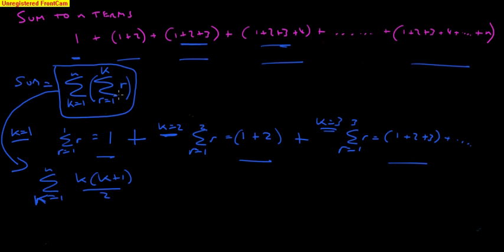So we already know how to evaluate that, and it is just what I've written here. Let's expand that a little bit. I'll take the half out of this expression, so we get half there. Then we've got the sum from k equals 1 to n of k into k squared plus k.